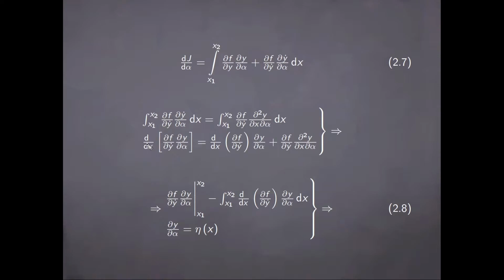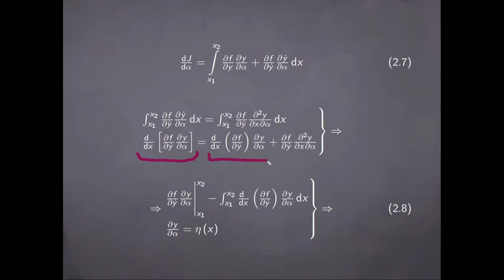And then if you look at the total derivative with respect to x of this product of functions, then by the chain rule, this is equal to the derivative with respect to x of the first factor plus the derivative of f with respect to y dot and the second order derivative of y with respect to x and alpha. So this is exactly the factor here and the term here.